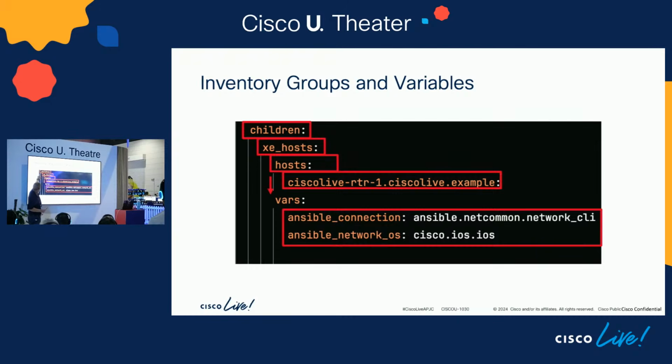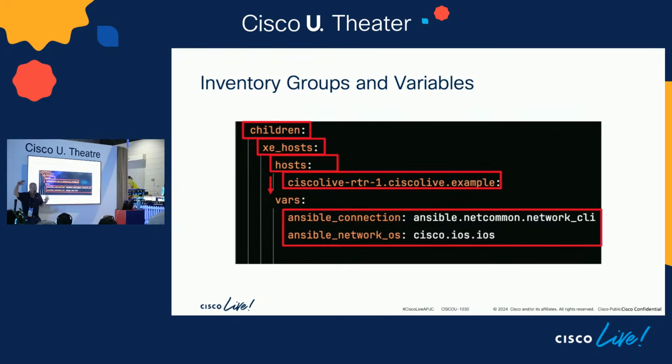And the way I do that is I start with this key here, children. Children of what? Children of all hosts. Okay, so our inventory, all of our hosts, that's everything. A group is just a child of all hosts. And we name the group xe_hosts. And then here, notice the indentation, I tell it what hosts belong to this group.